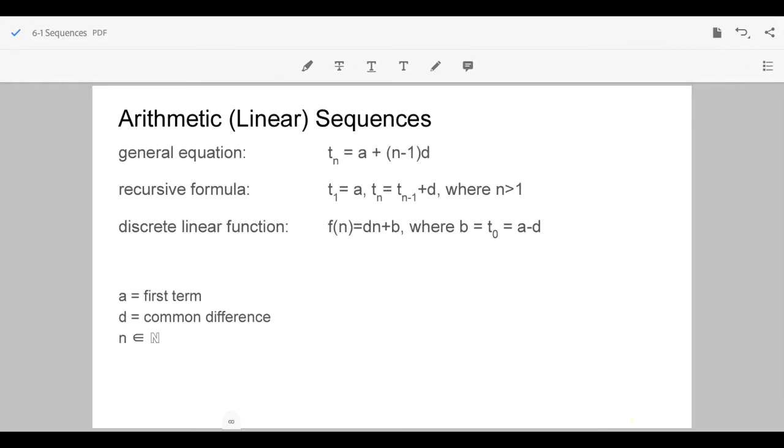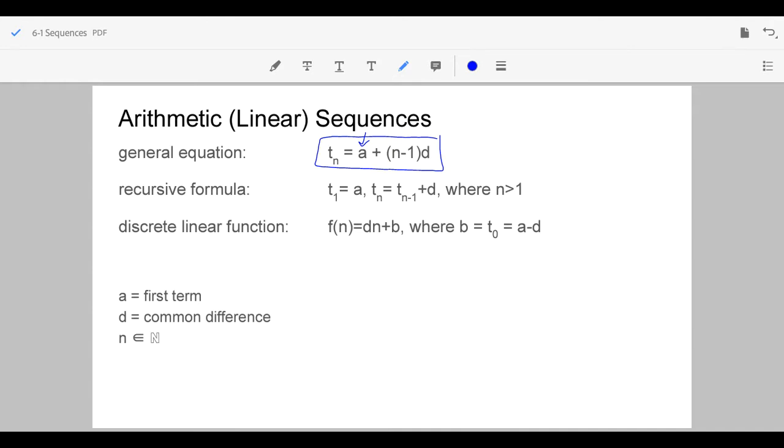So arithmetic sequences are linear because you're adding the same amount every time. So if you think back to grade 9 math, that is your slope, your rate of change. Generally, the general equation for these looks like this. So we have term n is equal to A, which is our term 1 value, plus n minus 1 times D. And remember, n is the term number that matches down here, and we subtract 1.